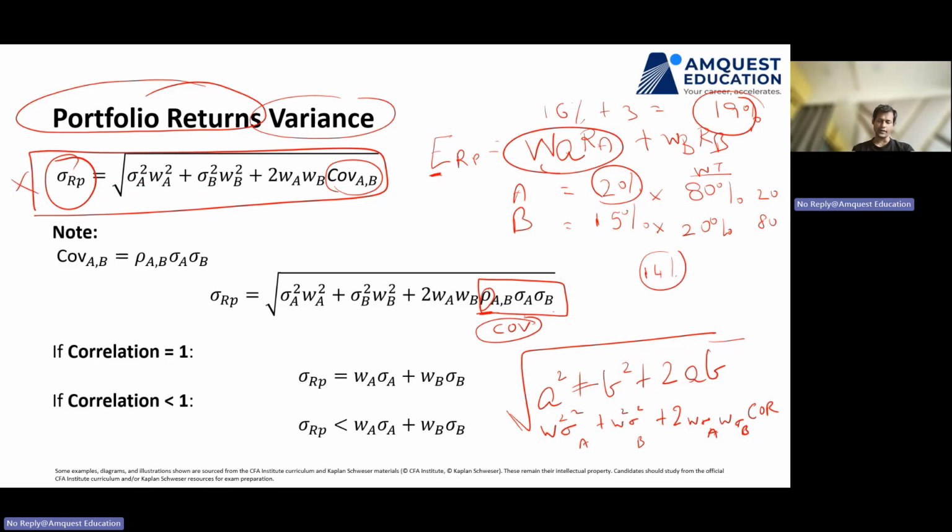But don't learn this formula. Learn this formula because this formula is A square plus B square plus 2AB correlation. You won't say it in life. A square, B square, 2AB correlation. AB is basically this and this and this. And this I put in for free. Clear or not?